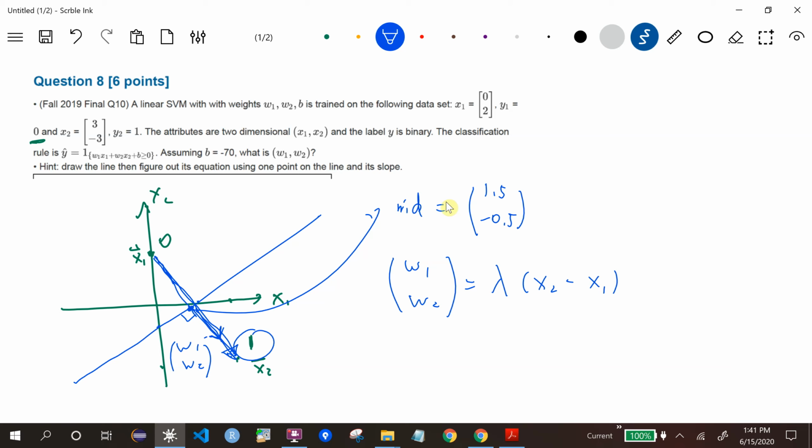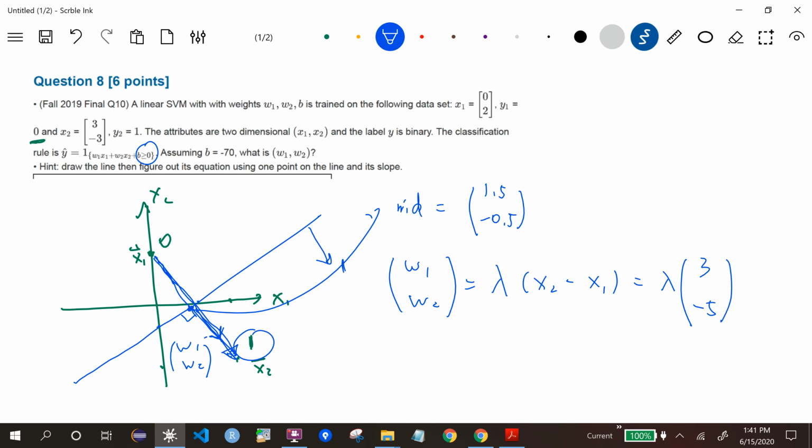Then we have the inequalities correct. So the inequality here is larger than or equal to 0, and the classification boundary, the classification line, should be pointing to the label 1. So that's why we have this, and let's write it down, lambda x2 minus x1, so it's 3 and -5.